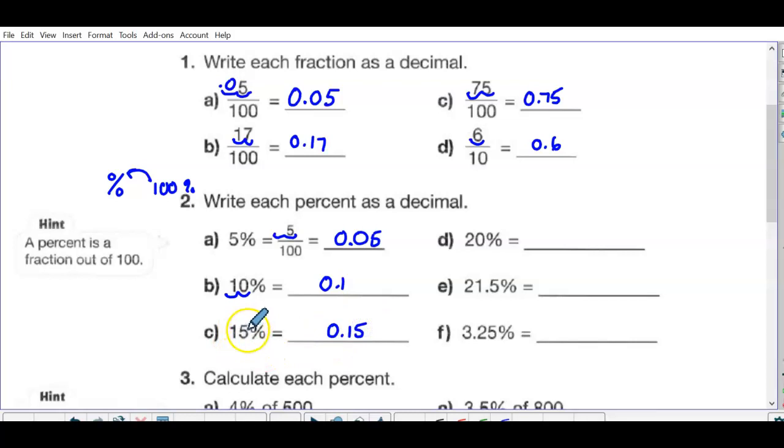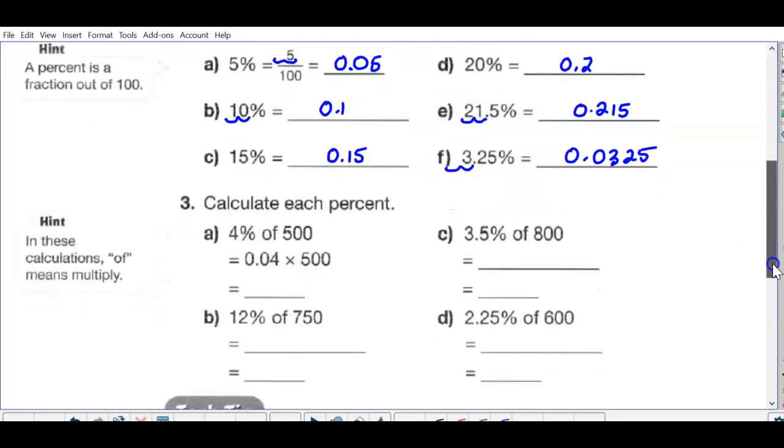So any percent that's less than 100 will have a 0 before the decimal, right? 20% will be 0.2, 21.5%, again, you're moving 2 to the left, so 0.215, and 2 to the left, you fill in with a 0. So there's your 0, and as I said, proper form has a 0 out front.